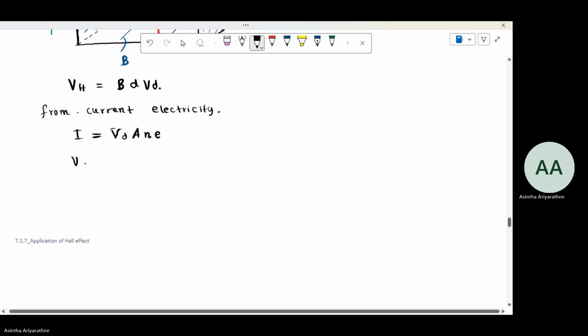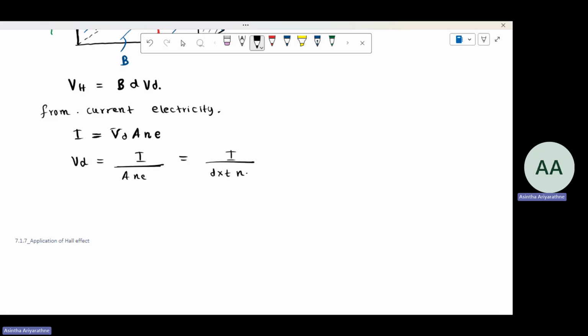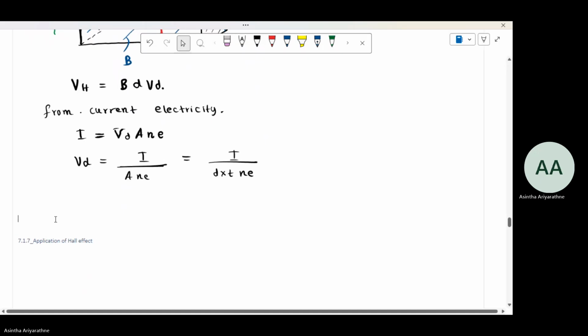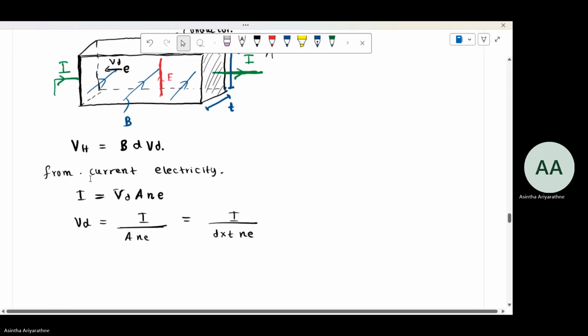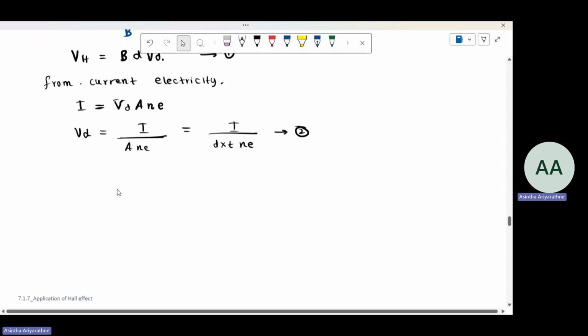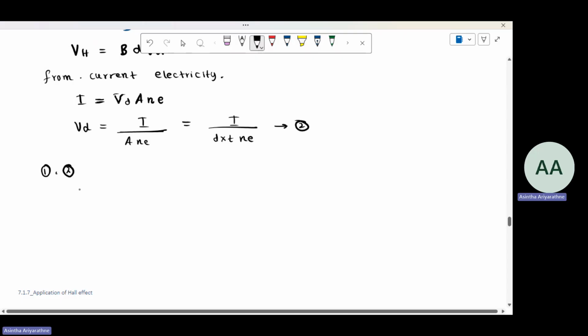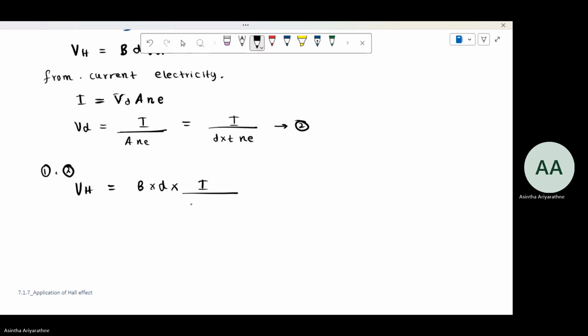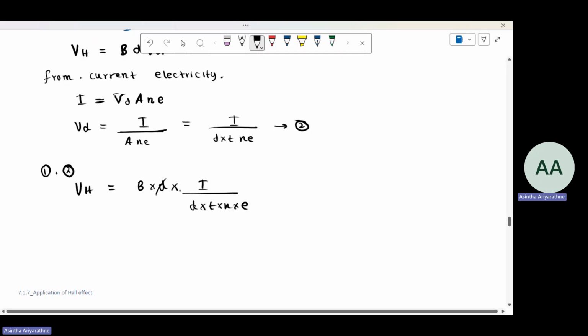Then I is equal to Vd A n e, and A can be substituted as D into T. We can use these two equations to find the expression for the Hall voltage in terms of current.